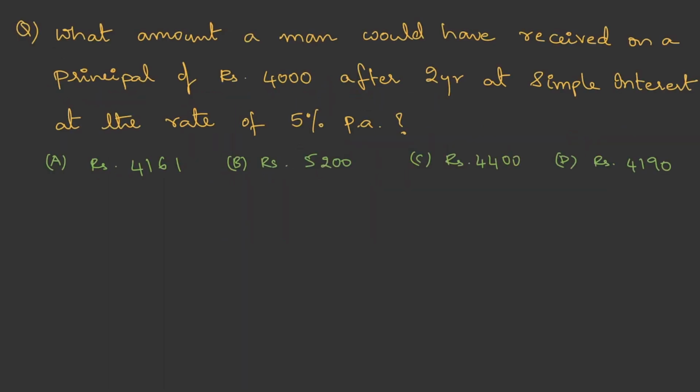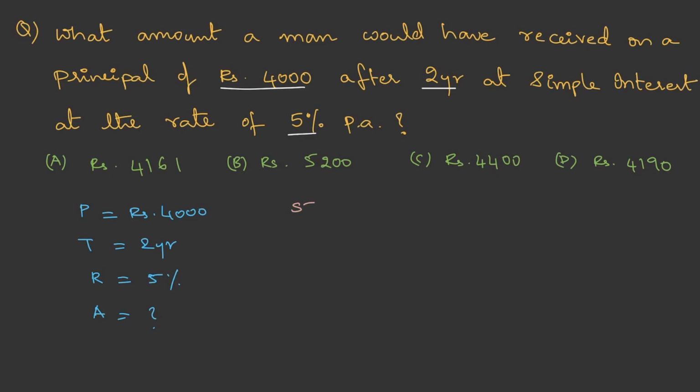What amount would a man have received on a principal of rupees 4,000 after 2 years at simple interest at the rate of 5% per annum? A few options are given. To solve this, let me write the given data. The principal is rupees 4,000, time is 2 years, the rate is 5%, and we are supposed to calculate the amount.